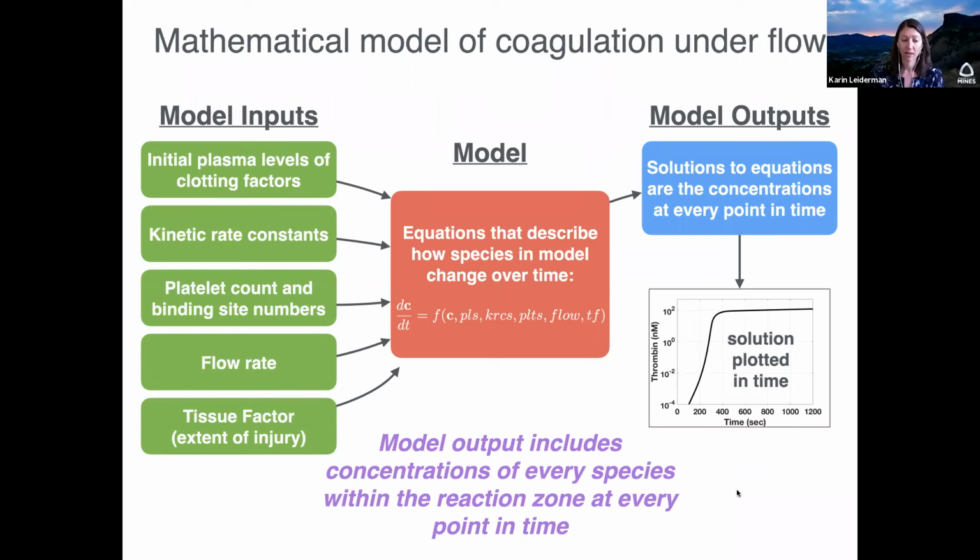For example, thrombin. I'll point out that the thrombin is seen here as a sustained response in time. Even though we're only looking at thrombin here, there are actually about 86 different species that we track in this model, and we can look at any of them or any combination of them, which is one reason the model is so powerful.